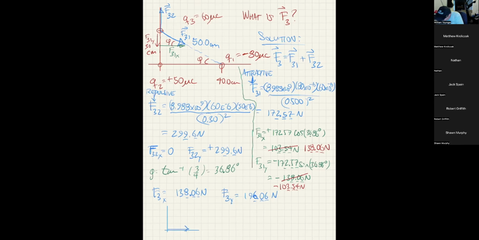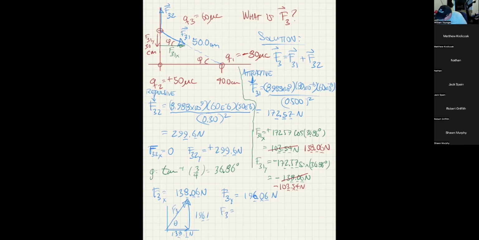And then my force in the y direction will be about 196. So it should be quite a bit bigger. And this angle right here will be theta. And this is the magnitude of F3.